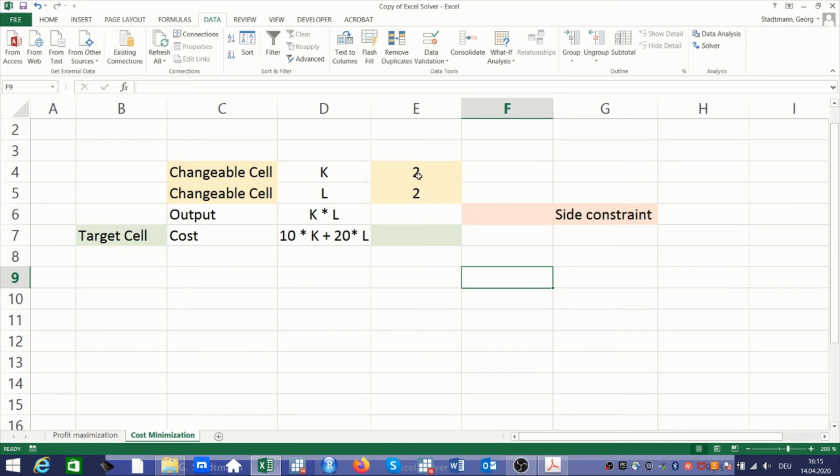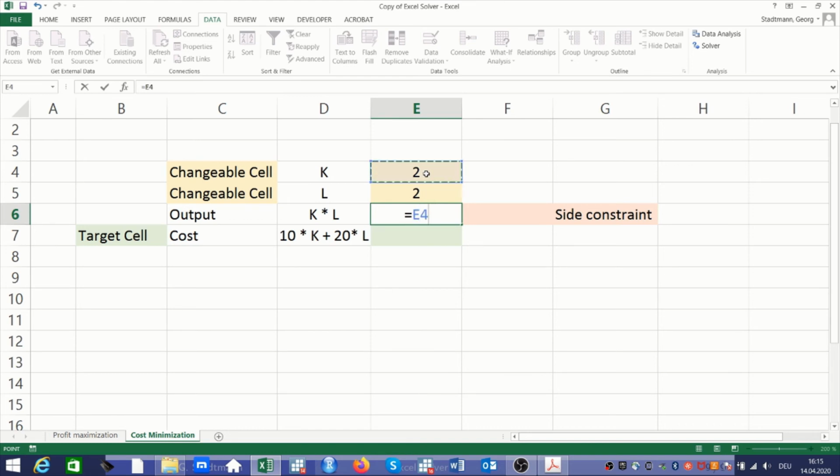Later on, Excel should play around with these numbers and should optimize this function. In the next step, we can compute the output in case we put 2 units of capital and 2 units of labor in the production process. Then the output is given by K times L, so E4 times E5. This gives us the output.